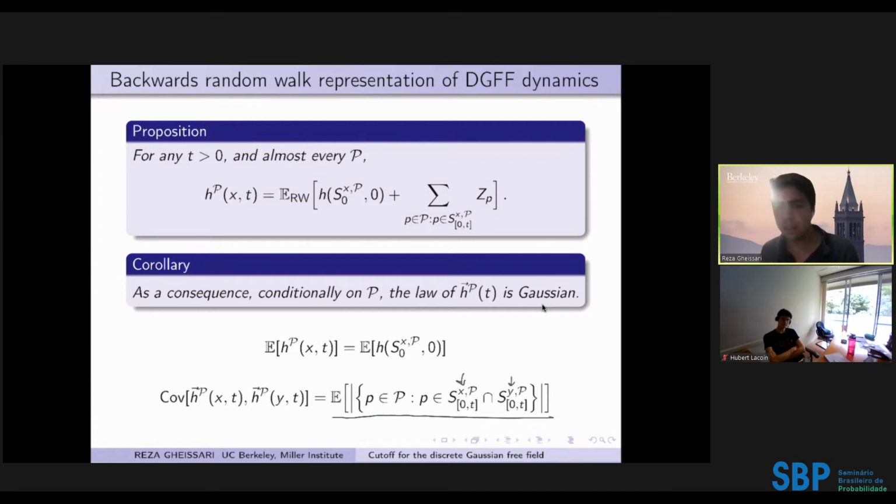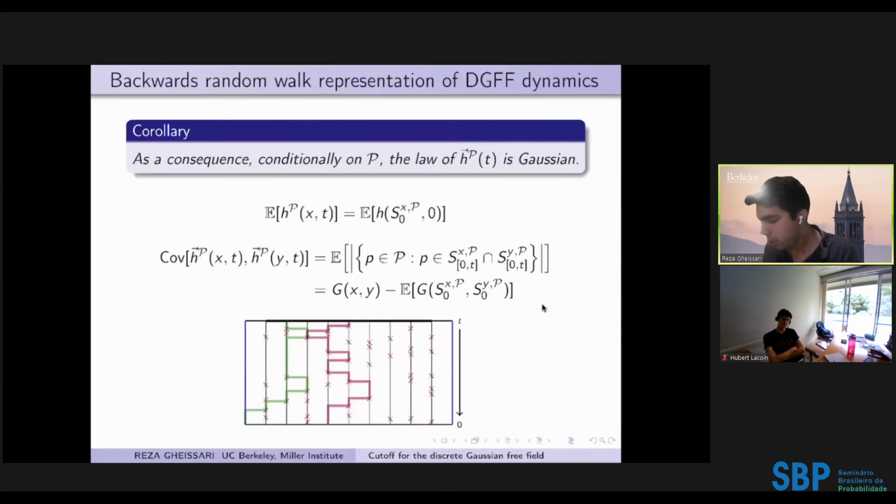All of these expectations are over the random walk trajectory. Here I've drawn a picture. This is x and this is y, and you see that they share only this one clock ring. Then you average over all random walk trajectories.